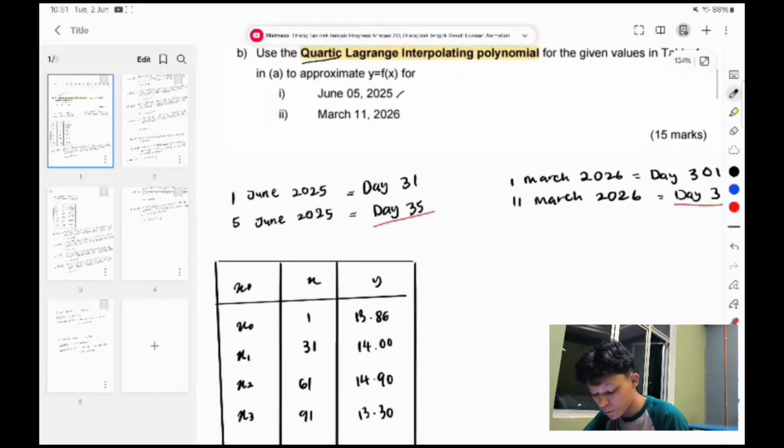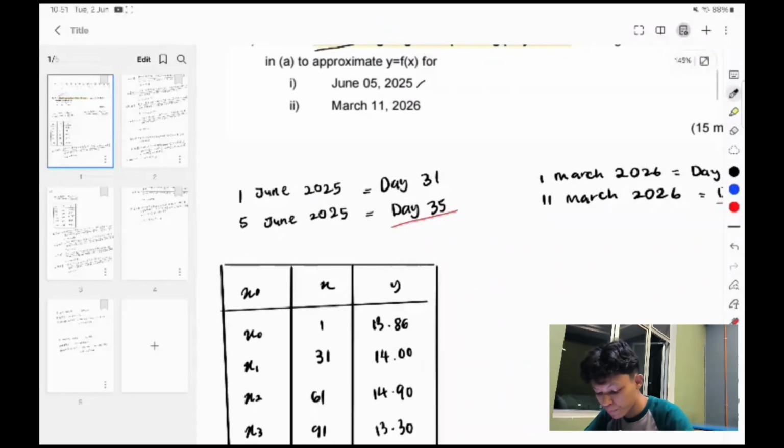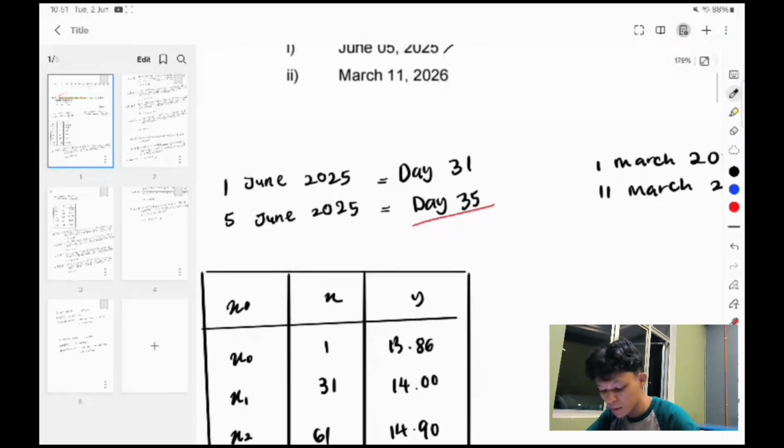In June 2025, we assume from the table, 1 June 2025 starts with day 31, and then 5 June we assume as day 35.